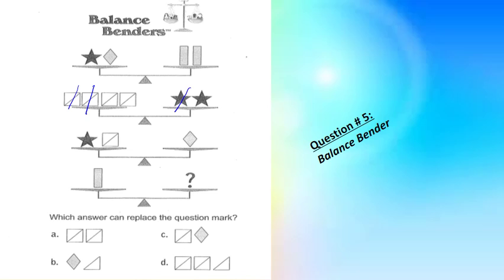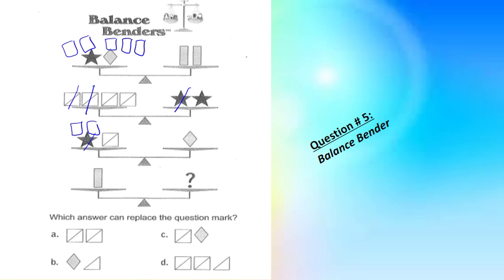In the third, we remove the star and we replace it with 2 boxes. So each 3 boxes is equal to a rhombus. In the first, each star is equal to 2 squares, so we replace a star with 2 squares and we replace a rhombus with 3 squares.